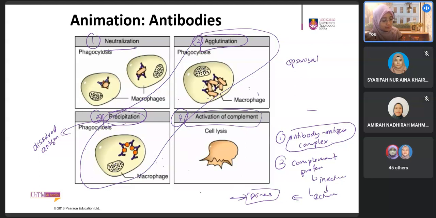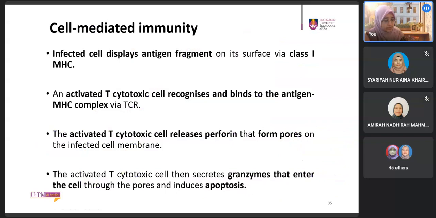The pores then cause water and also ions to enter into the bacterial cell, causing the bacterial cell to swell and then burst, or lysis.